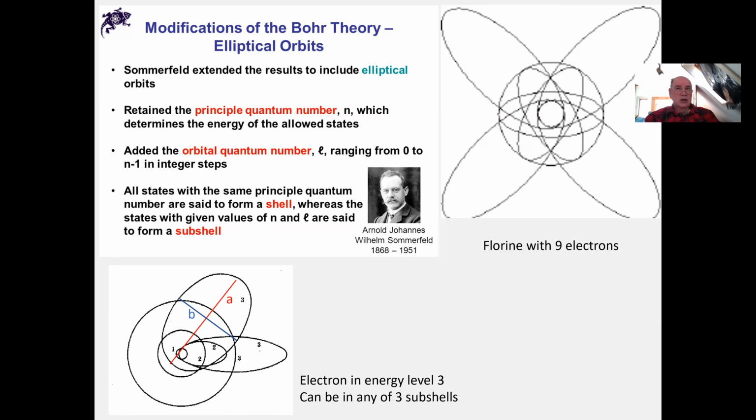Same energy, they were all in the same energy shell, but they had different angular momentums based upon that quantization. So it gave the Bohr model more elbow room to have slightly different energy levels, which could produce those slightly different spectral lines. The lines weren't falling quite as far, or were falling a little bit further, and therefore giving off slightly different wavelengths as they fell from one orbit to the other. Sommerfeld's elliptical orbits gave you that ability.